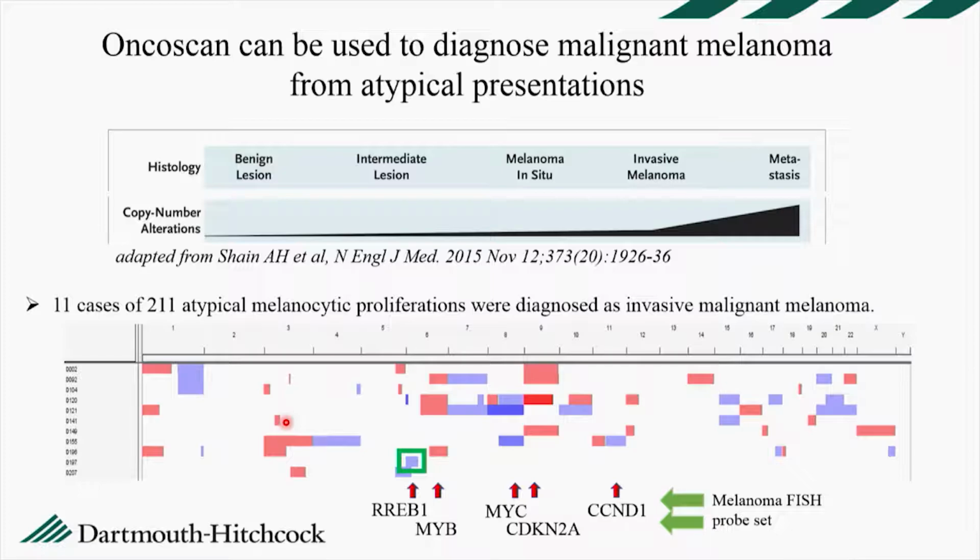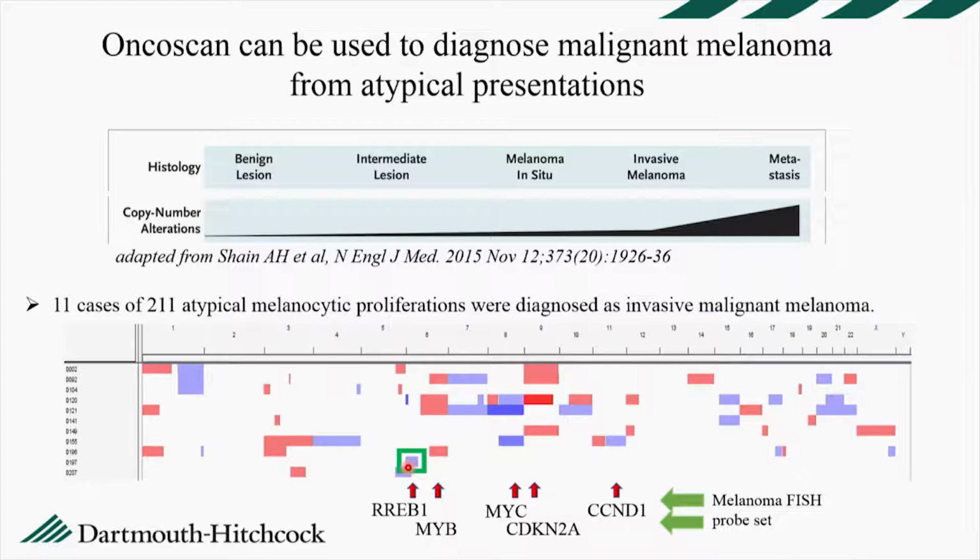The monoaberration case, highlighted by this green box, exhibited a single important gain of distal 6p, which includes the RREB1 gene, which is well described in melanomas. And again, in each case, the indication for study was an atypical melanocytic proliferation.